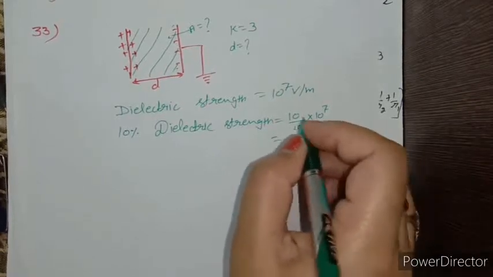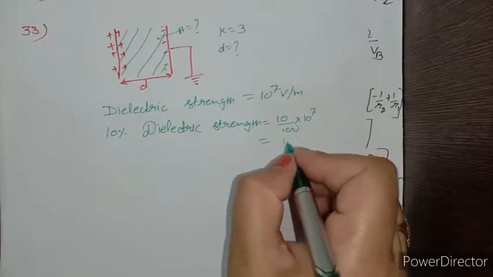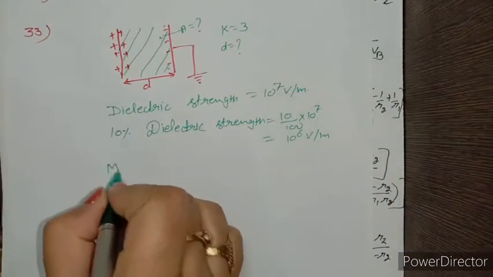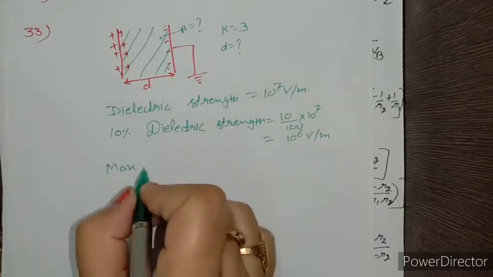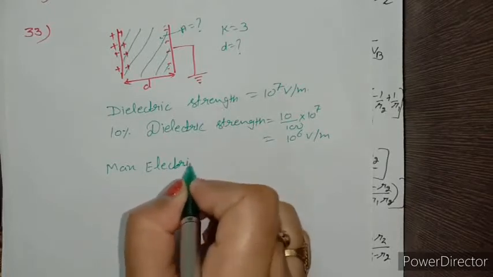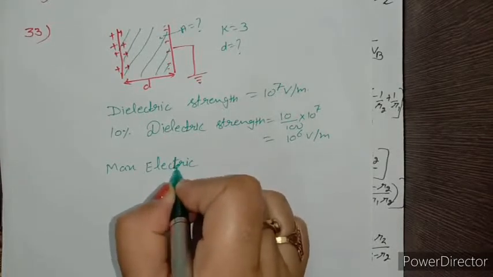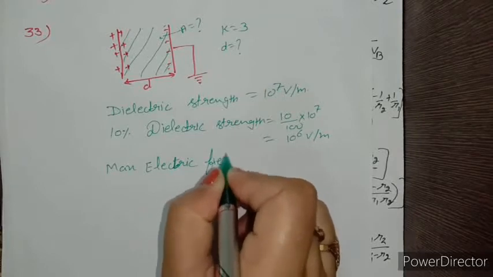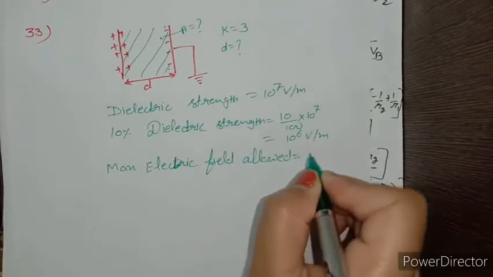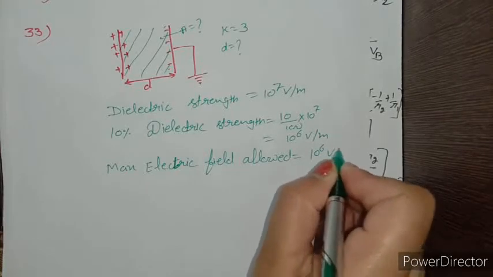This will be equal to 10 raised to power 6 volt per meter. So the maximum electric field allowed in this equals 10 raised to power 6 volt per meter.